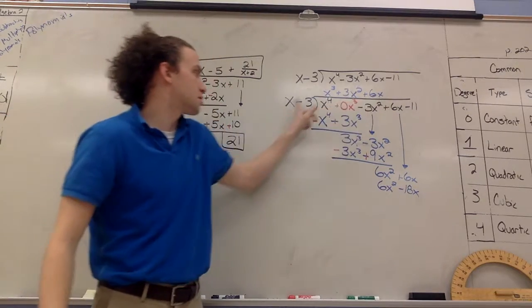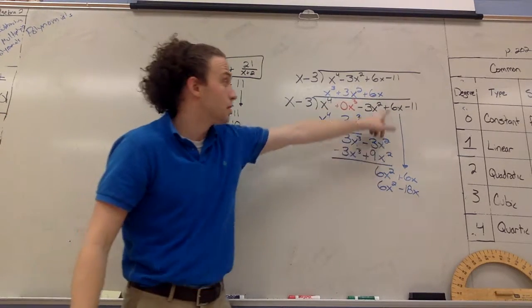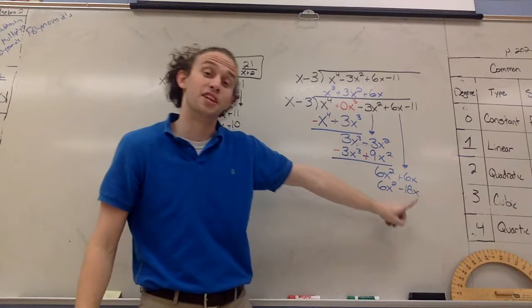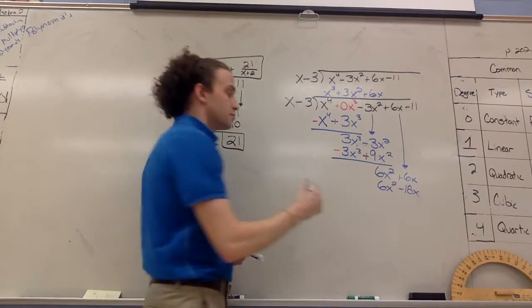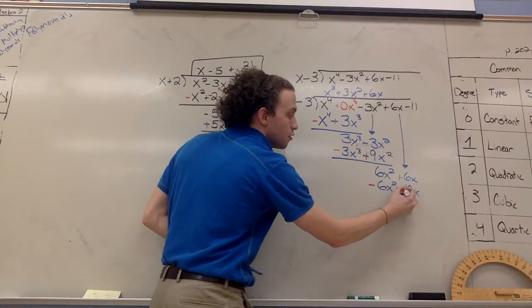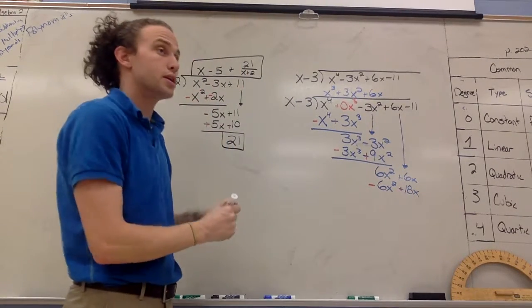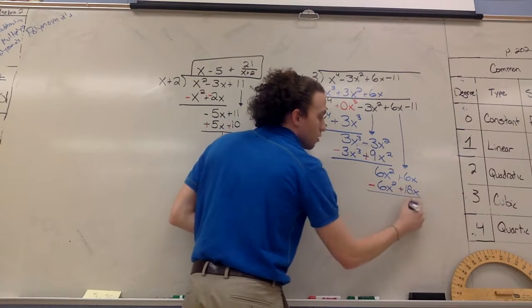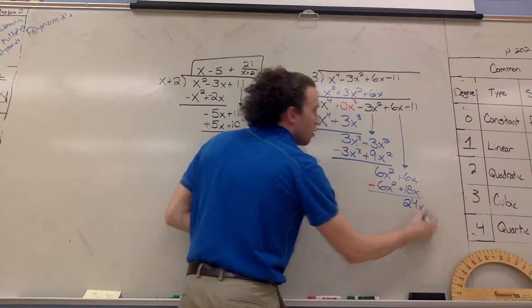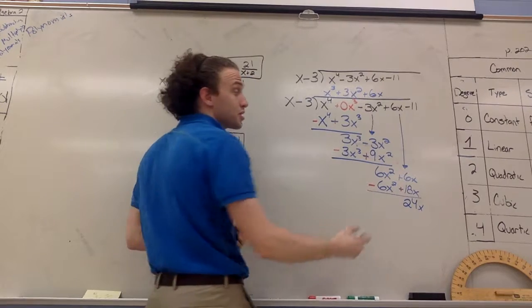Because 6x times x is 6x squared. 6x times a negative 3 is negative 18x. I have to change my signs, and then I have to add straight down. Lastly, I have to bring down this negative 11.